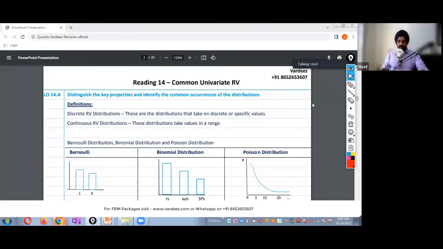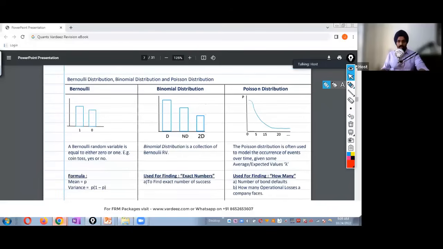All right, moving on to the distributions that we have. The first one is the Bernoulli random variable. Now, this is something which will help you in the other distribution, which is the binomial. So for Bernoulli, just know the property. That's all that you need to know. The application of Bernoulli is used in the binomial distribution.